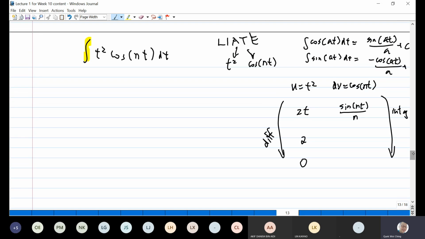So this gives you minus cosine nt, divided by n again, so it becomes n squared. Then integrate cosine, you get sine. Together with the minus sign, you get sine nt, divided by n again, get n cubed. This is how we do integration by parts.